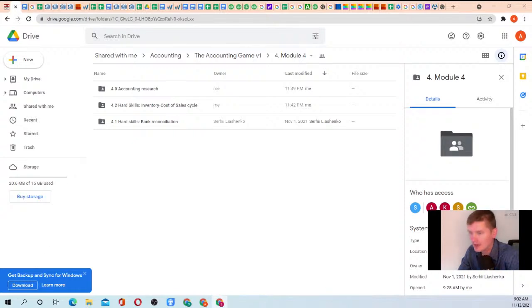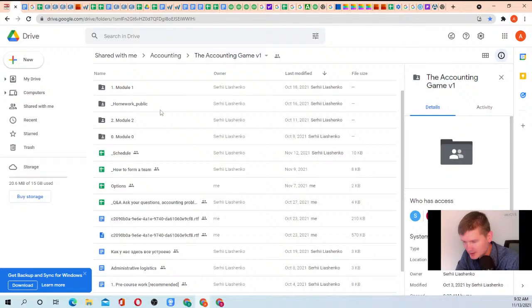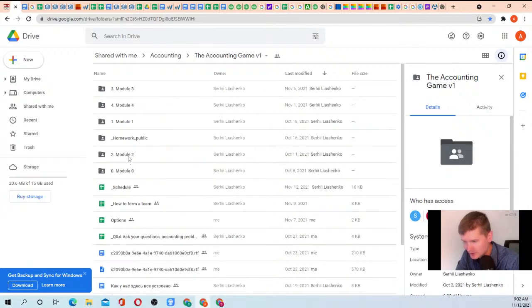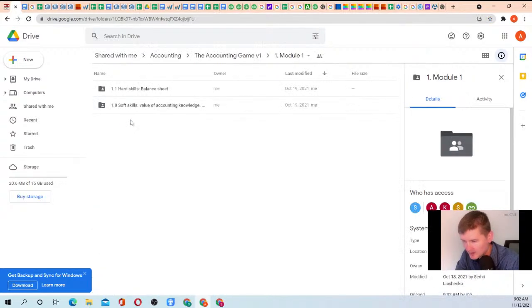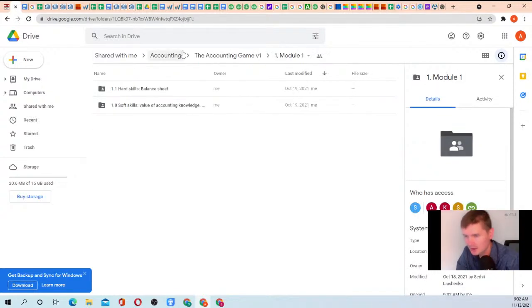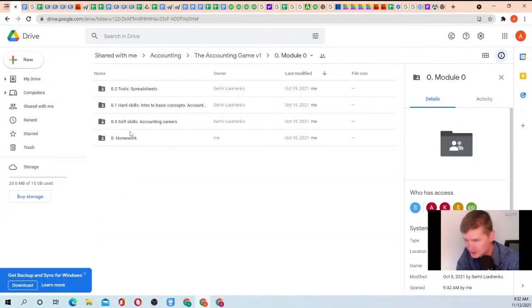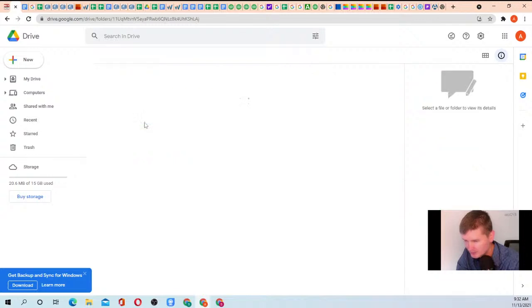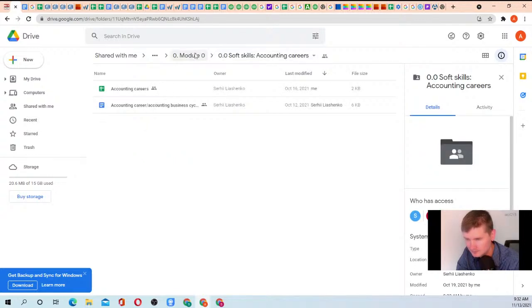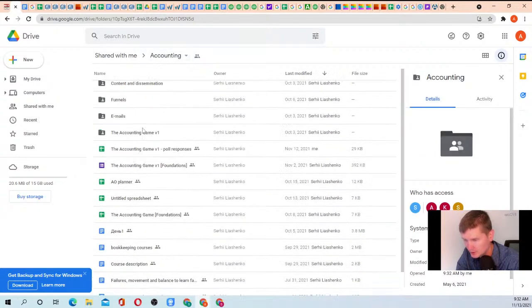Okay, so I would like to start today's session with some retrospective review of our module. Here we have a course folder, and in one of the modules, I believe it was module 1, I provided 10 steps to learn accounting.